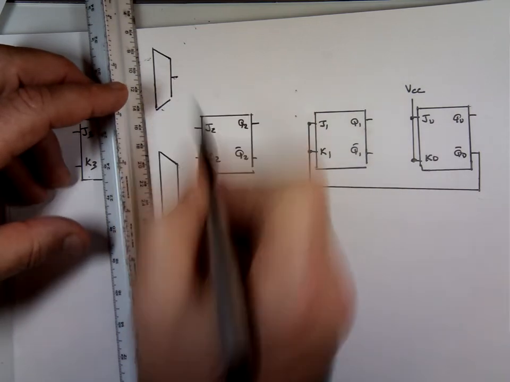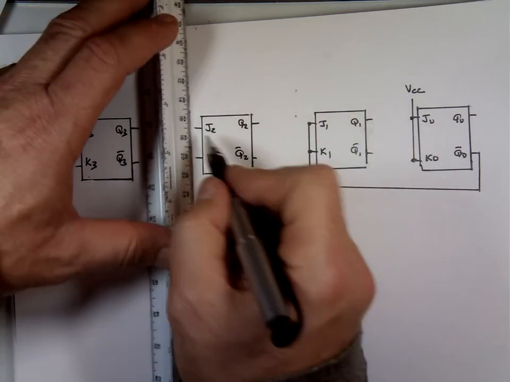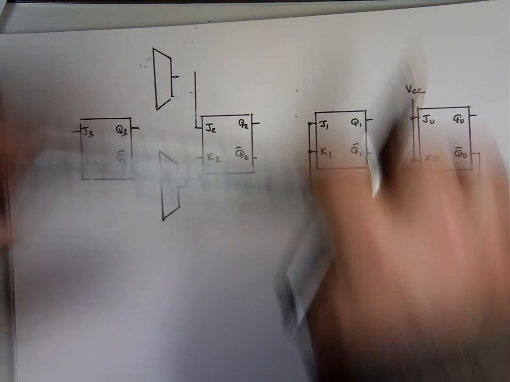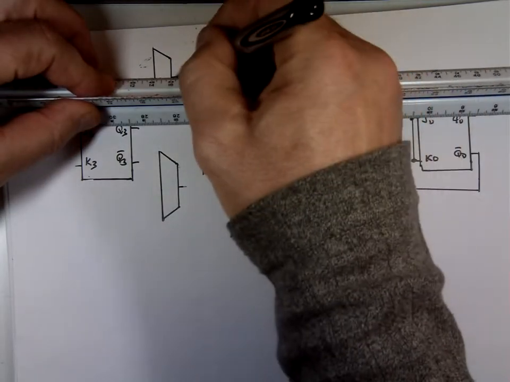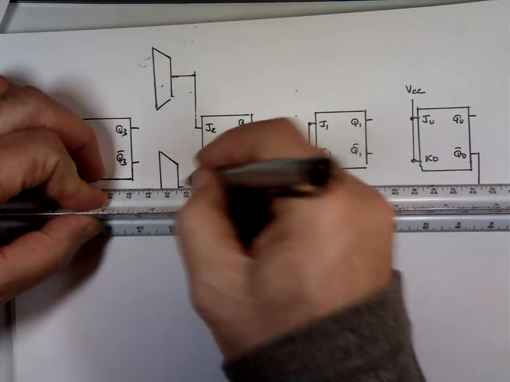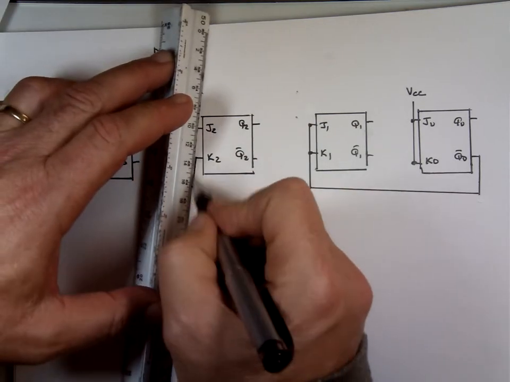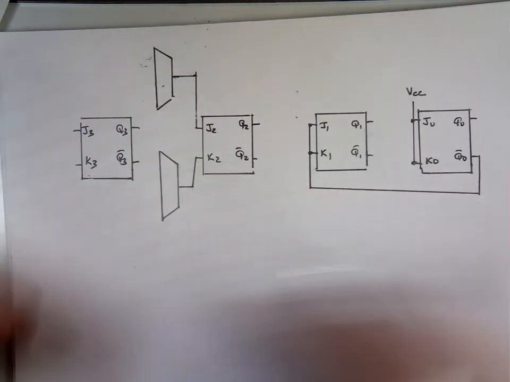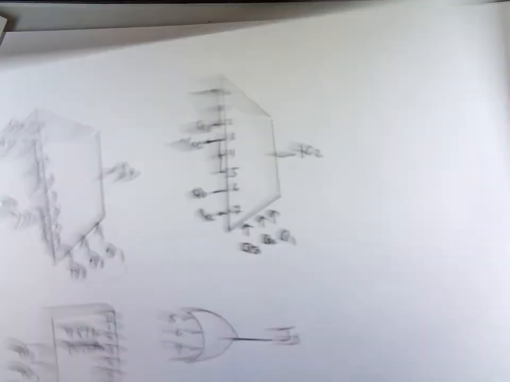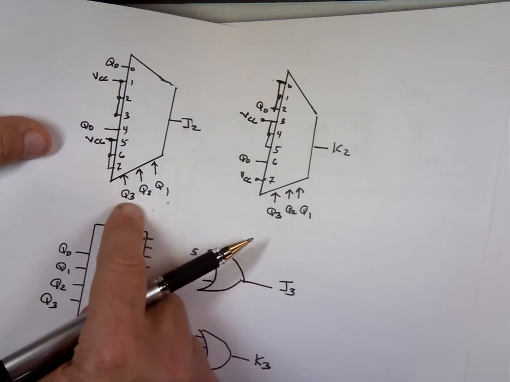So this is what's going to J2, and this is what's going to K2, and I'm just copying these two, Q3, Q2, Q1.